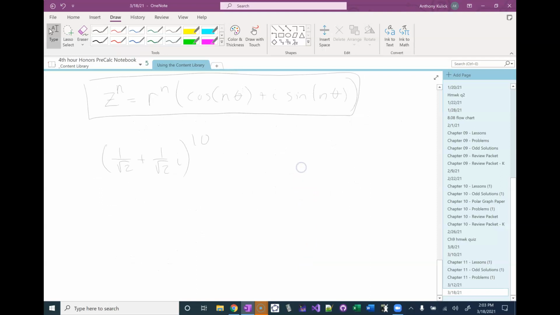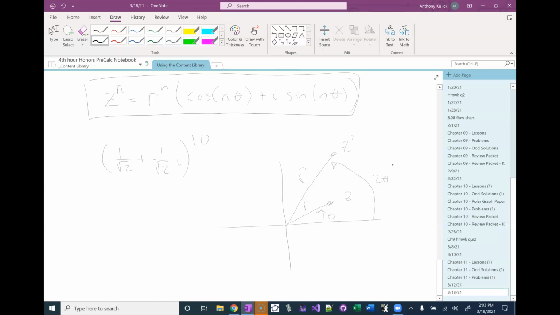Just as an aside, let's examine geometrically what's happening. So let's say that this is z, and this angle here is theta, and this length is r. Okay? Z squared is here, where this length is r squared, and that angle is 2 theta.